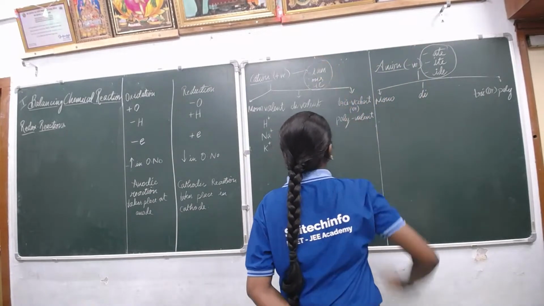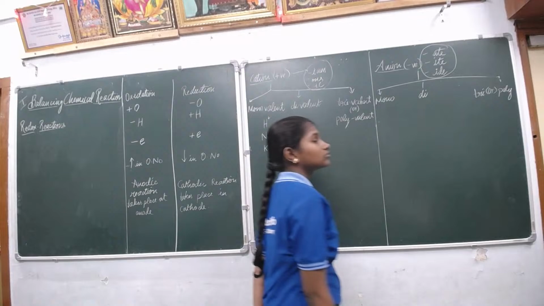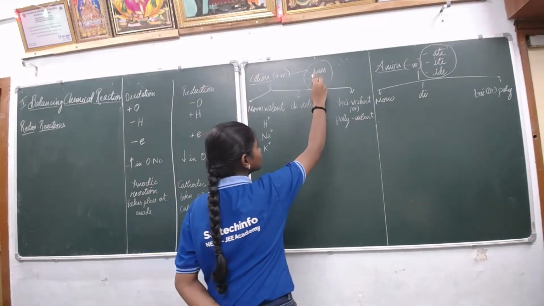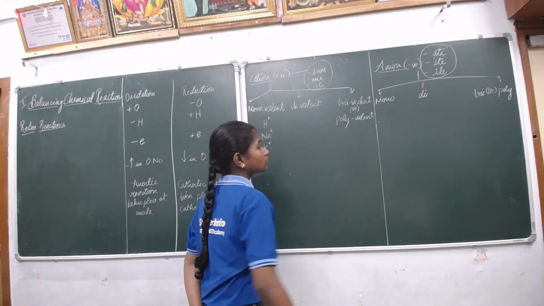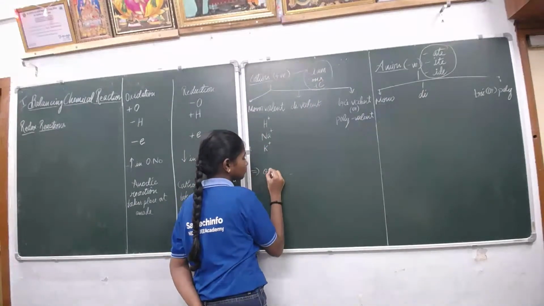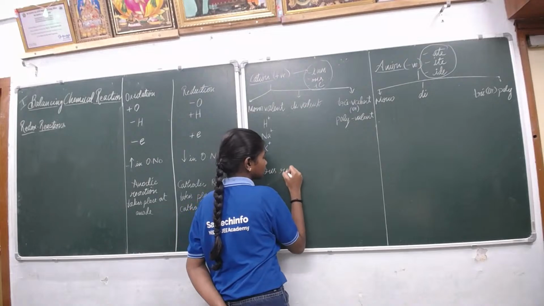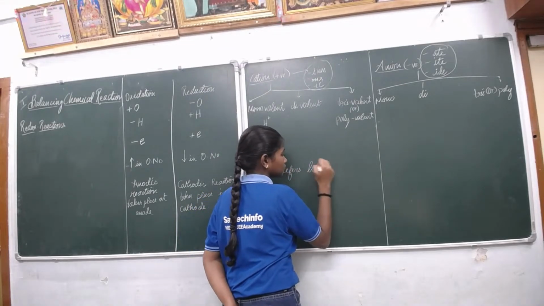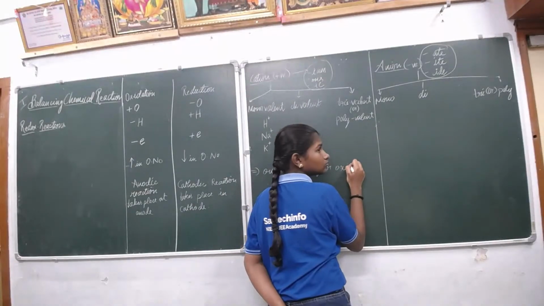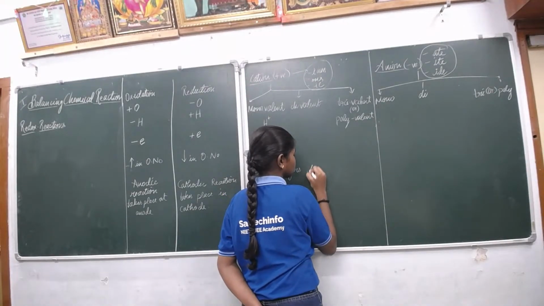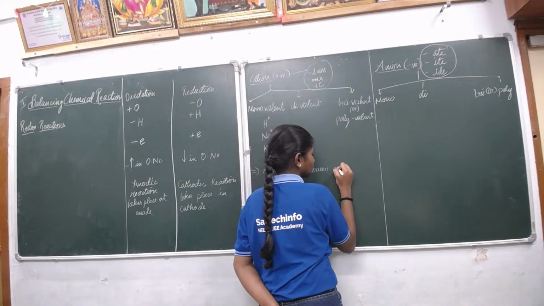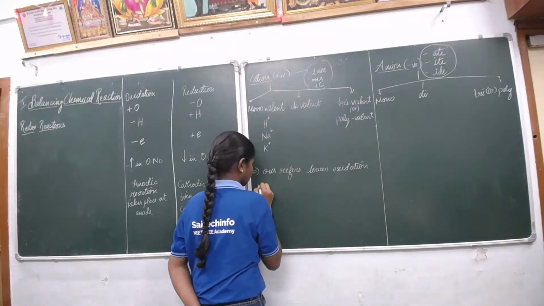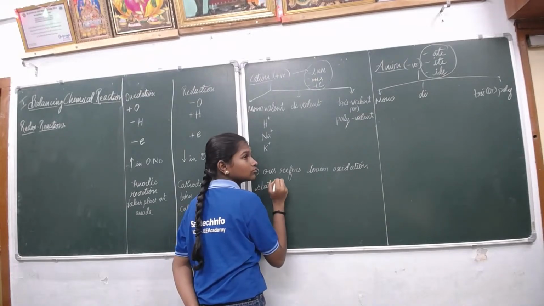And here, the lower oxidation states are mentioned with the OUS suffix. You can mention OUS represents lower oxidation state. For example, ferrous means Fe2 plus. Higher oxidation state is represented as ferric, IC. For example, Fe3 plus.